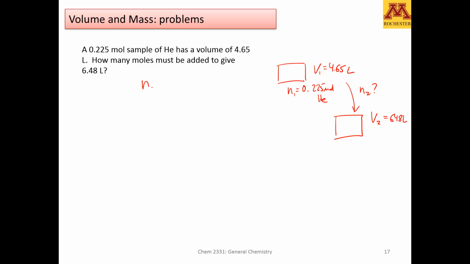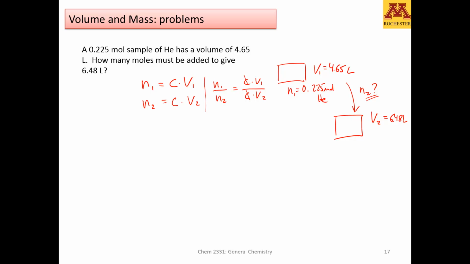Notice that the number of moles, N1, is proportional to the volume, V1, and in the second experiment the number of moles, N2, is still proportional to the volume, V2, with the same constant of proportionality. This is just solving a system of equations; hopefully all of you are familiar with this. The constant of proportionality is multiplying and dividing, so it goes away, and we want to know N2.